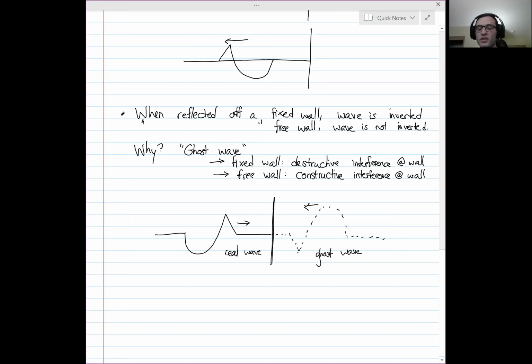When these two waves overlap, because of the superposition principle, you would always have 0 displacement on the wall, because they're perfectly inverted versions of each other. This also explains why the leading edge coming in is the leading edge going out. And so this will ensure that you have 0 amplitude at the wall, and it explains why the wave is inverted off of a fixed wall.